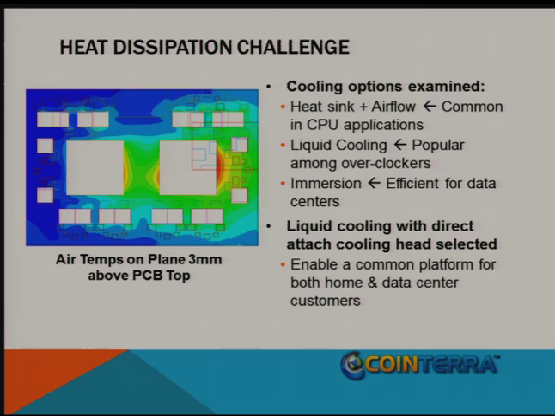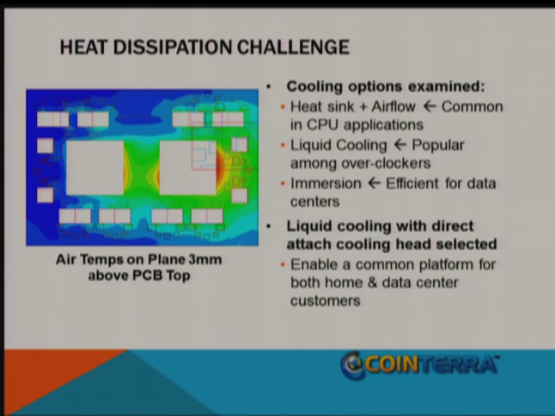When designing at the system level, we explored different cooling options. Some of them were heat sink with forced airflow, which is common in CPU applications, liquid cooling, which is more popular with gamers and overclockers, and immersion cooling, which works more efficiently for data centers.